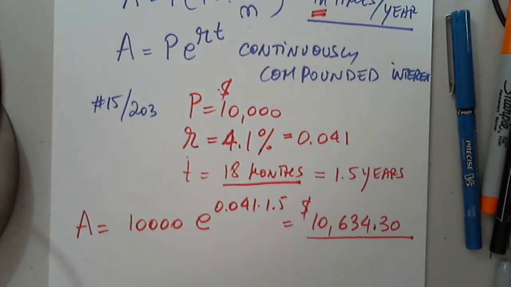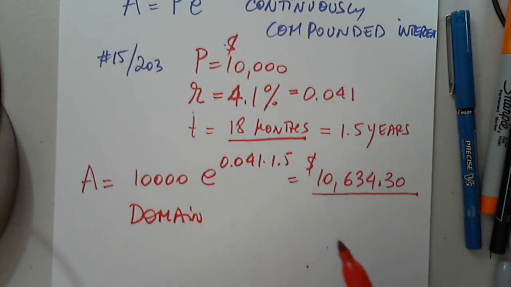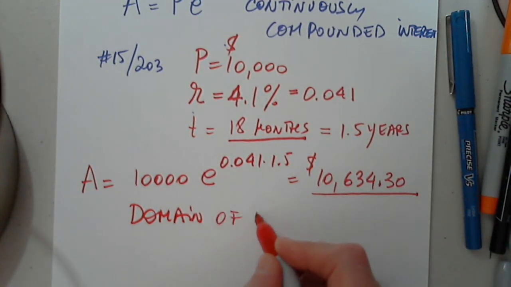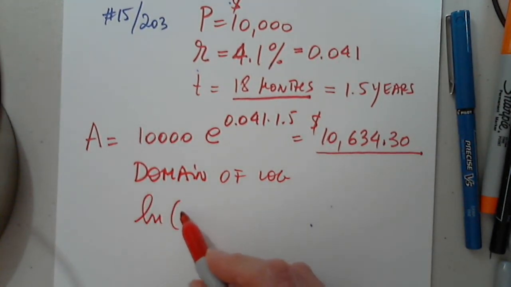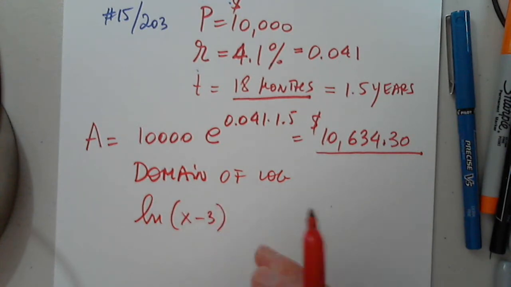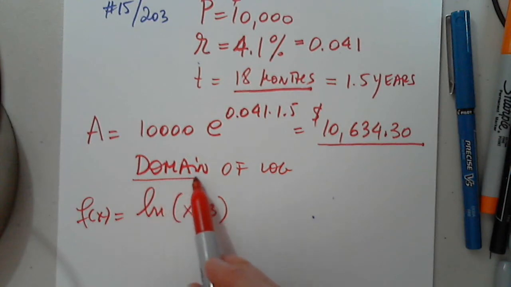So back, let's take a look at domain. I want to talk about domain. Of course, not of exponential, because that is always all real numbers. Domain of log. Any log, we'll stick with natural log. So let's say I have natural log of x minus 3. This is our function, and we're asked to find its domain.